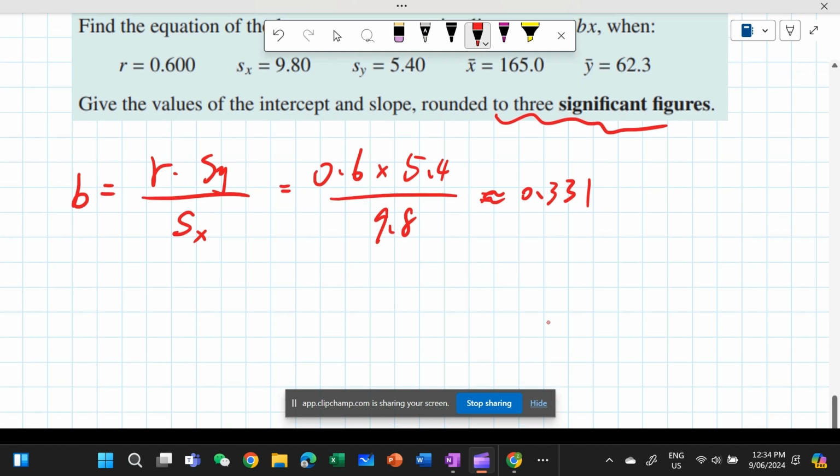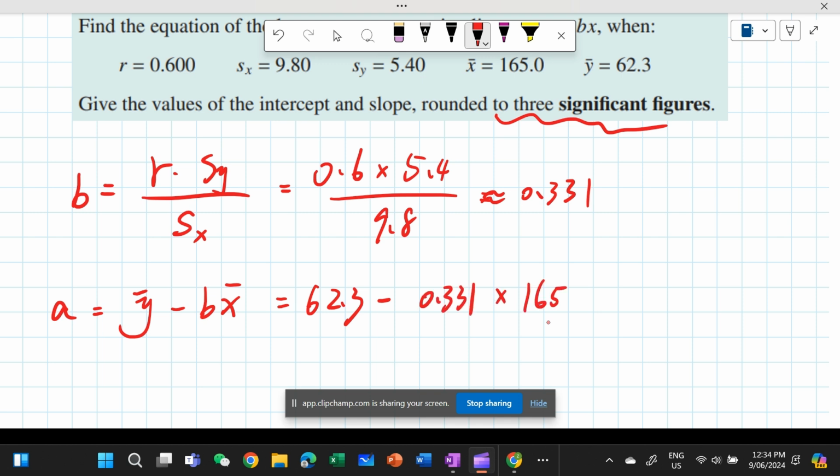Then a equals y bar minus b times x bar, so that equals 62.3 minus 0.331 times 165. That equals something, let's figure this one out.